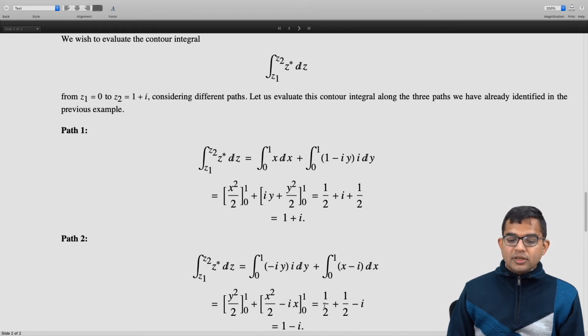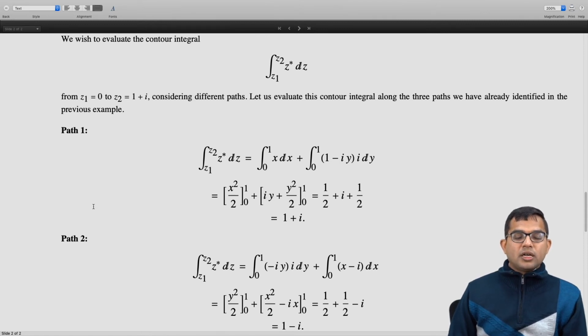So if I evaluate this carefully, minus i squared will become 1, so I have a y squared by 2, and I have an x squared by 2 minus ix evaluated between 0 and 1. I get half plus half minus i, which is 1 minus i. So I immediately see that in fact the value I get for path 1 and path 2 are different. Path 1 gives me 1 plus i, path 2 gives me 1 minus i.